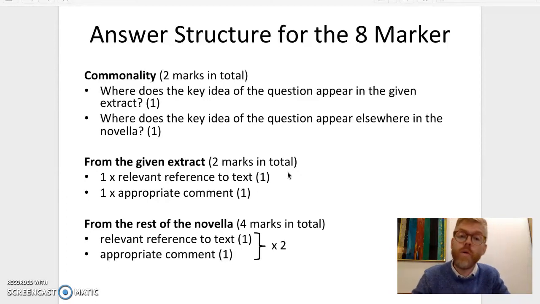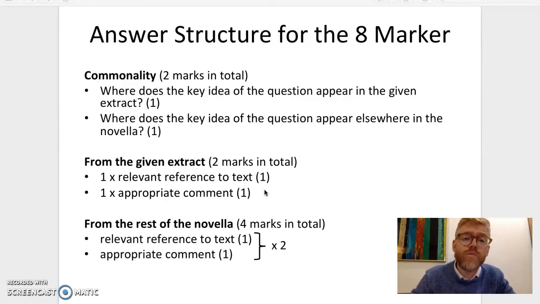There is no point in quoting 3 or 4 things from the extract that's in front of you, because there is actually only 1 mark available, as you'll see here, for a relevant reference to the text that you have in front of you. So one relevant quote will get you 1 mark, and then 1 appropriate comment on that quote will get you the 2nd mark that's available for the given extract.